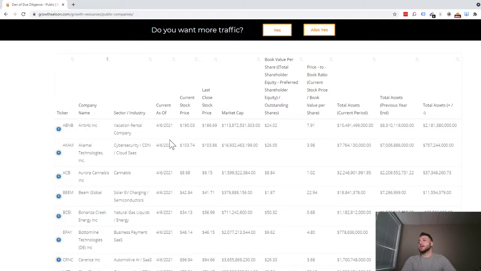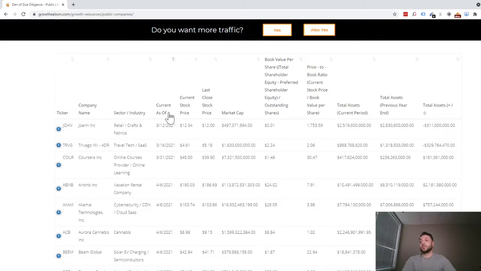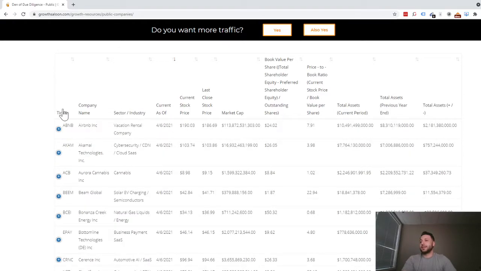So if you sort it by this, though, you'll see that there are certain ones that don't pull that kind of information because Google's just not updating it that often, so these numbers have to get pulled manually, and I don't really care to update Joann Fabrics that often, unfortunately. So I'm sorry if you're a Joann Fabrics shareholder, but like I said, let's dive into Airbnb first. That'll give you an idea as to what you're looking for here, and we'll walk through everything.